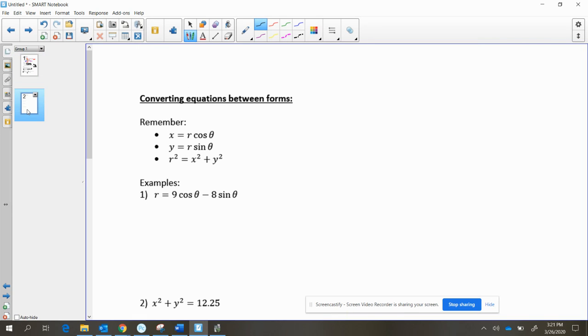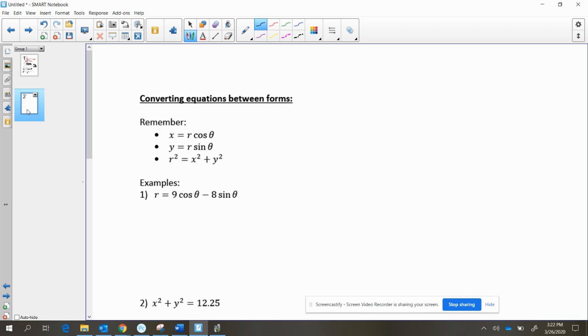Now, last but not least, one of the big things we talked about was converting between the forms of our equation. So again, this goes back to that fact that x equals r cosine theta, y equals r sine theta, and r squared equals x squared plus y squared, or r equals square root of x squared plus y squared. But this is more useful to us for this format.